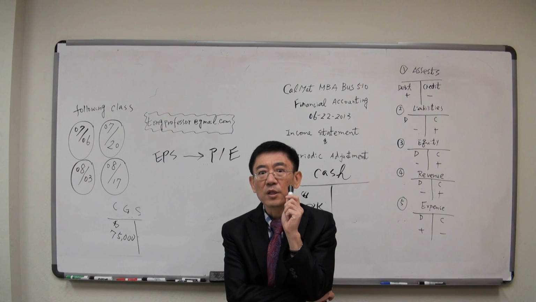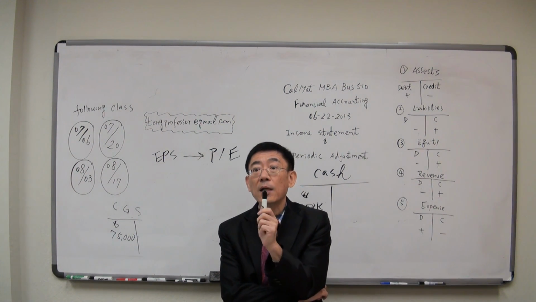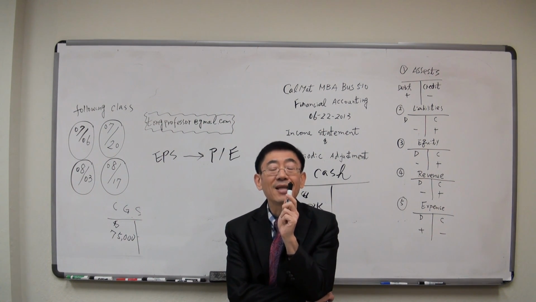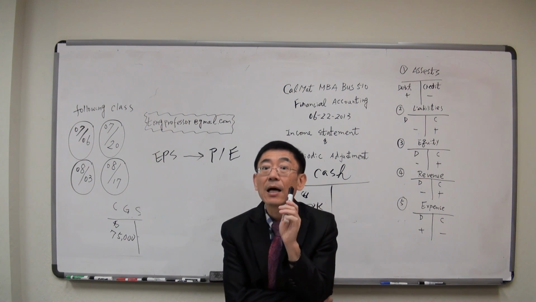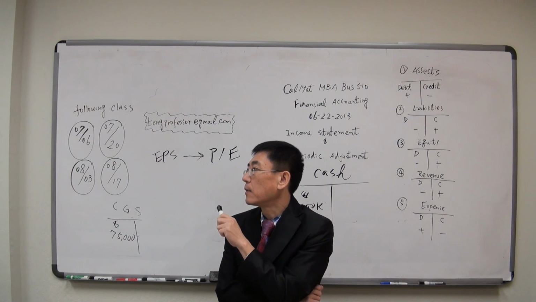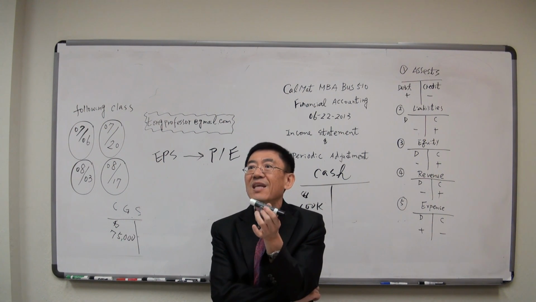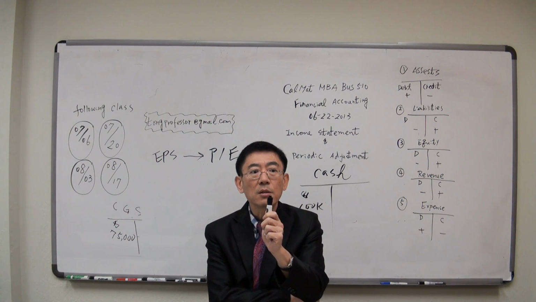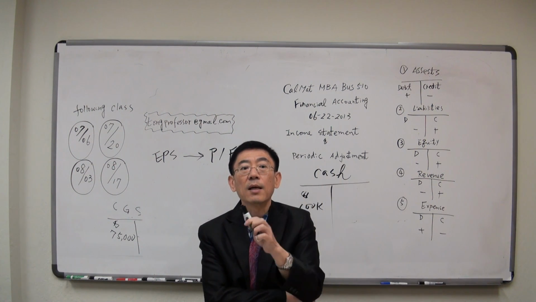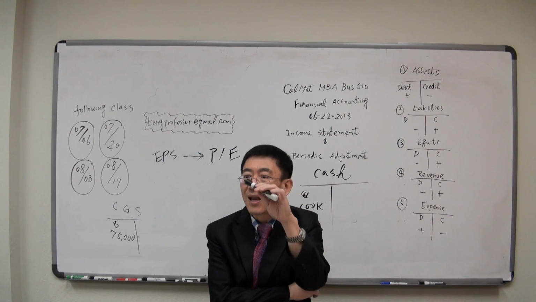Usually for financial analysts and financial advisors, the golden rule is around 20. That means if the price is around 20 times your EPS, it's still okay. Let me give you an example. If one company has an EPS of about $1, that means each share can make $1 profit for the whole year, then the stock price should be around 20 or less.